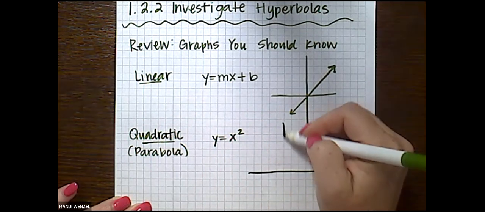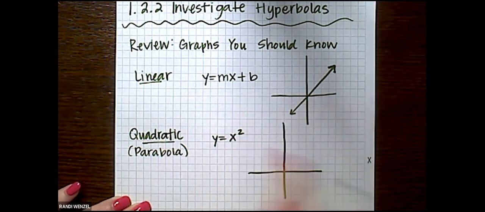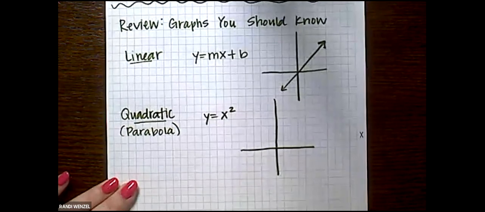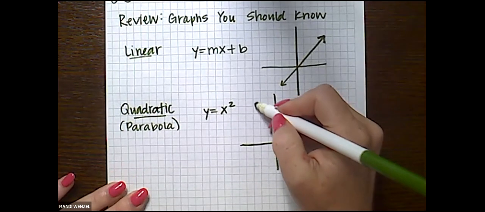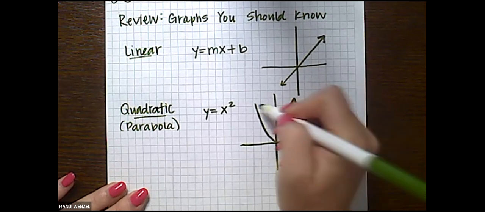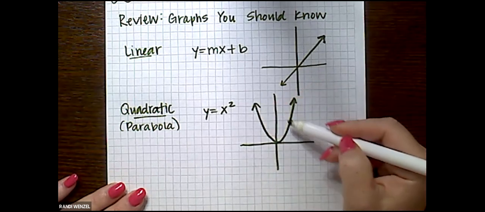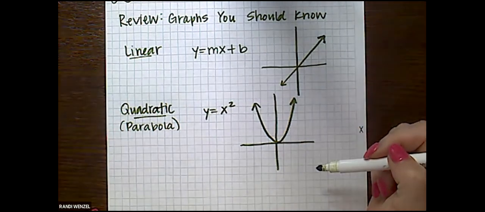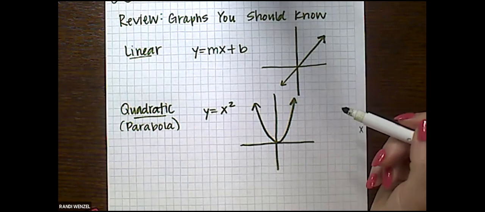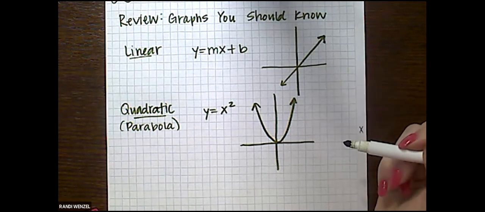And you know that if you have an equation that has x squared, you know what your graph should look like? Hopefully you do. Your graph should look like a U. That's our parabola. So the graph of a quadratic equation is a parabola. That's our parabola, that's our line. So these are ones you probably should have worked with before.